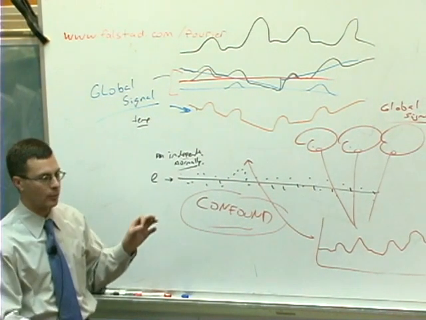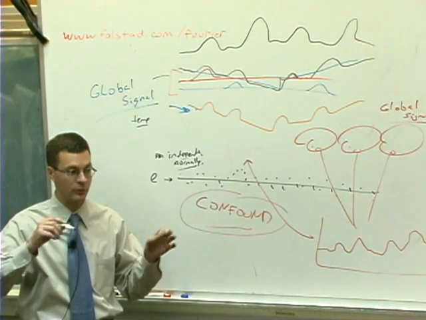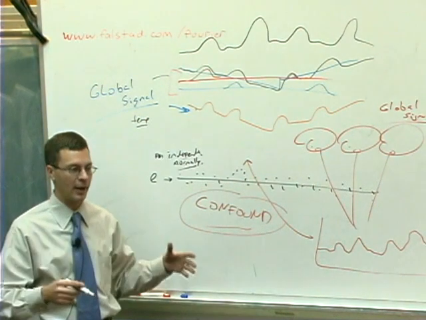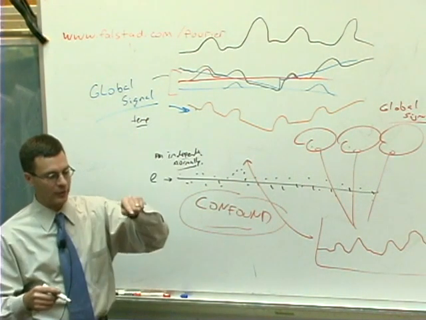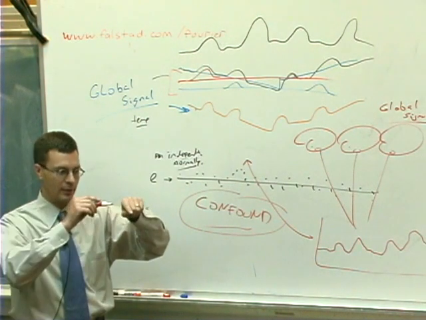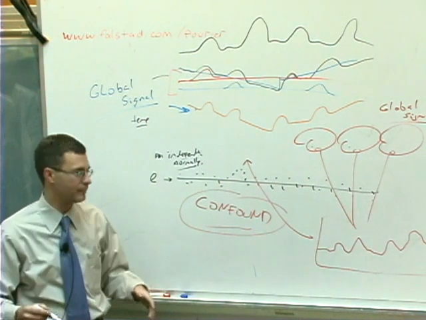So if you have a region of the brain that has a weak task effect, okay, in fact has a task effect which is less than that seen in the global signal, then the best interpretation the model can do is say that your task had a negative effect in that voxel as compared to the global signal. And so you'll turn a positive t-value into a negative t-value if you include a global signal under those circumstances. Okay?